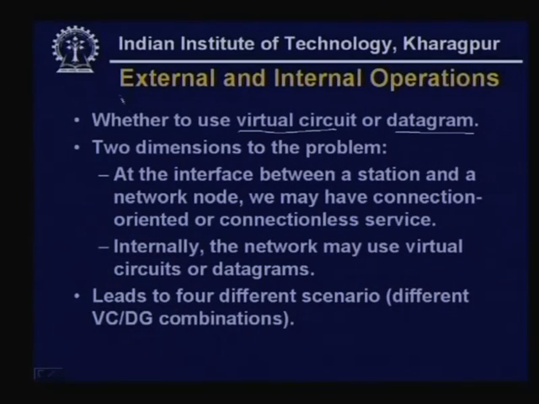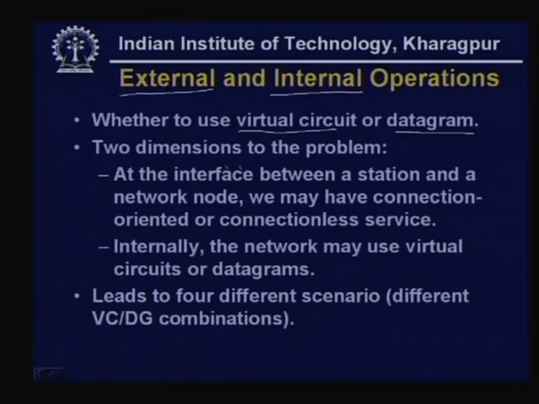When the station is connecting to the node, that is external to the switched communication network. On the other hand, node to node communication is essentially part of the switched communication network. So, external means from station to node, internal means from node to node. In both cases it can be virtual circuit or datagram.